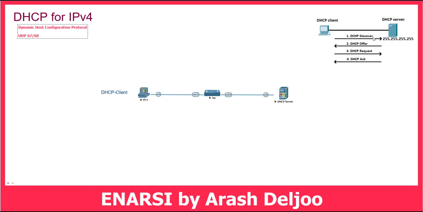After DHCP discovery, the DHCP server can give some addressing to the client in the DHCP offer. For example, here we have some useful information about the IP addressing, subnet mask, the address of the default gateway, the address of the DNS server, or some other useful information. Until now we don't have any IP address in the PC.